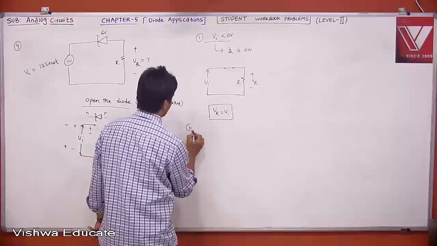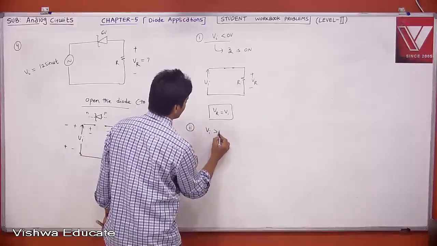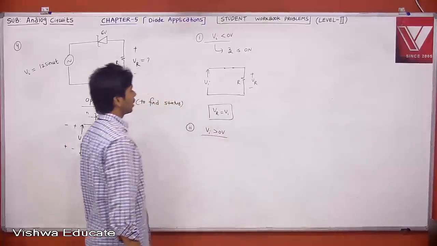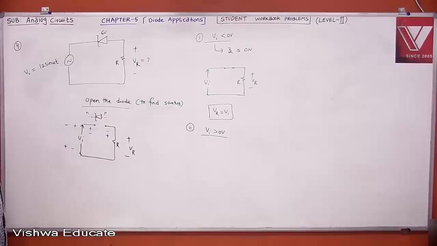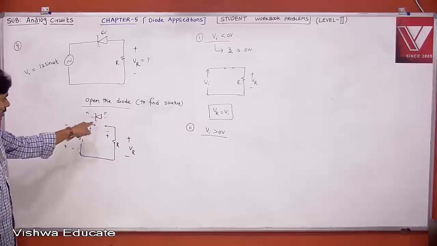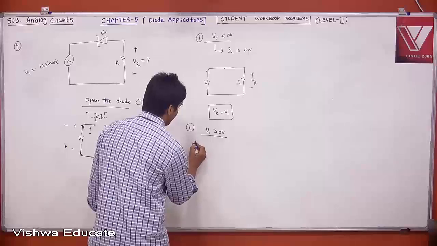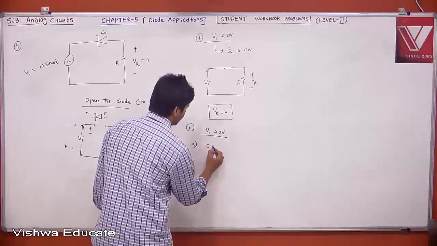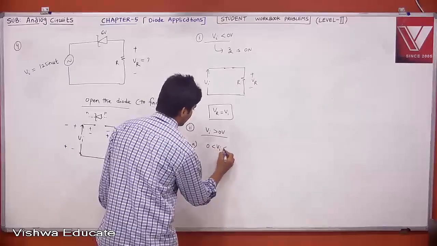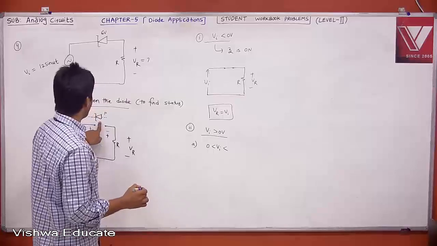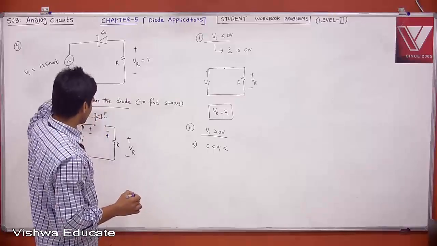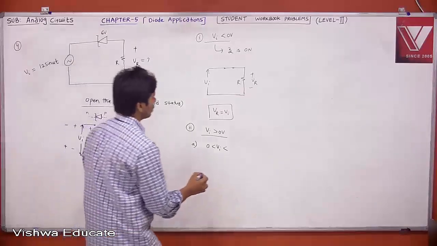Case 2. When VI is greater than 0 volt, that is positive, then your Zener diode is in reverse bias. But remember, it is 0 less than VI less than, until it enters into breakdown, which is 6 volt.